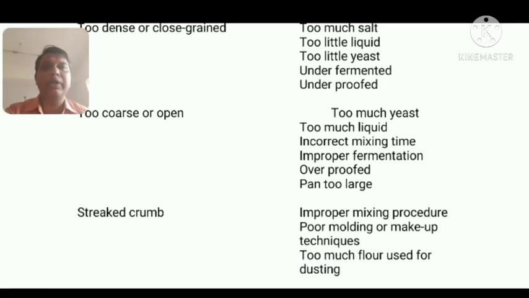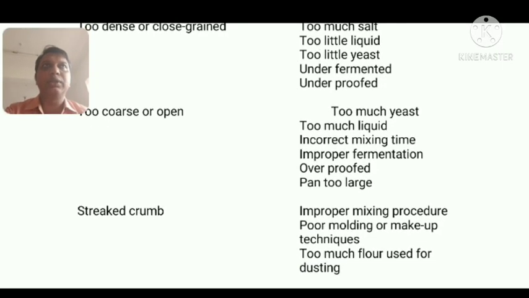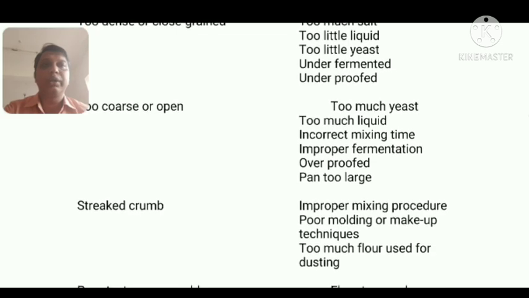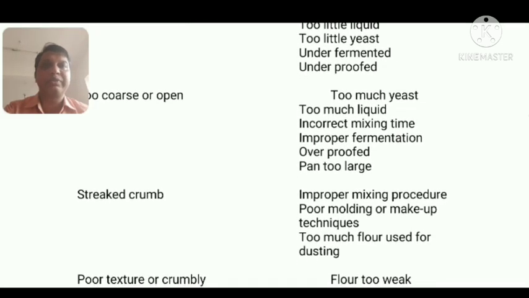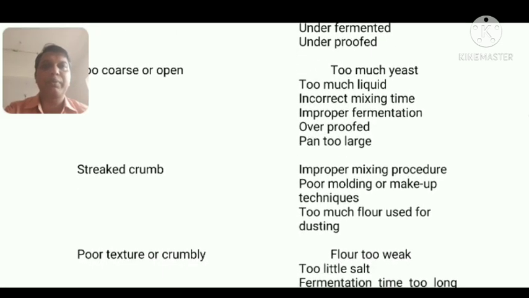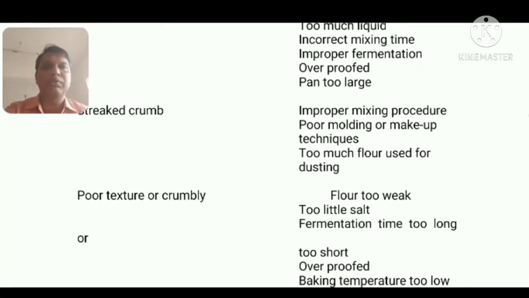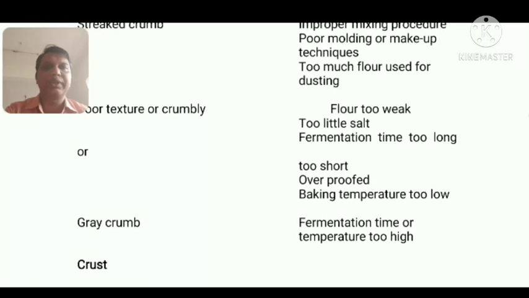I have said again and again that anything not written in the recipe will cause faults. Too much yeast produces too much CO2, too much liquid does not allow gluten to develop properly and form strands. Incorrect mixing timing of salt or yeast leads to improper fermentation, and overproofing or underproofing leads to poor, sticky texture.